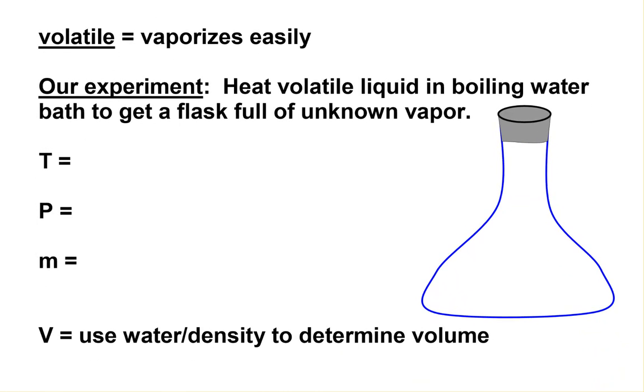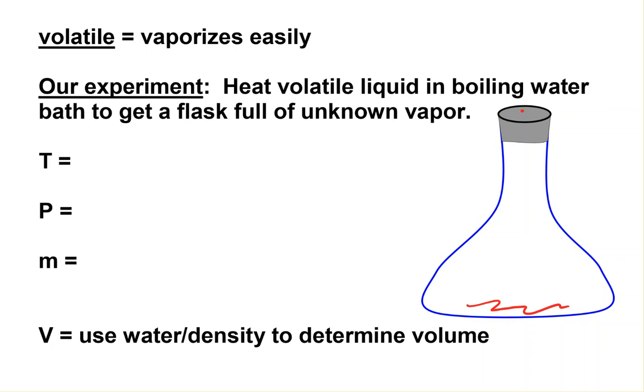Okay, so how the experiment works is that we're going to put some unknown into a flask, and the flask will have a piece of foil on top with a little hole, and we will dunk it into boiling water for 10 minutes.